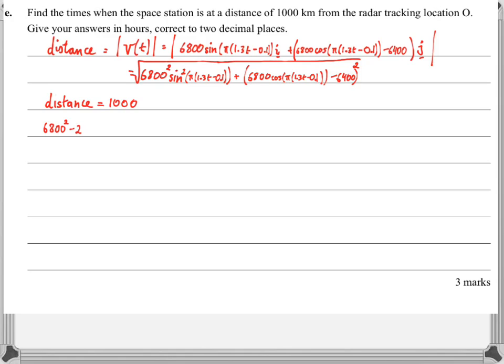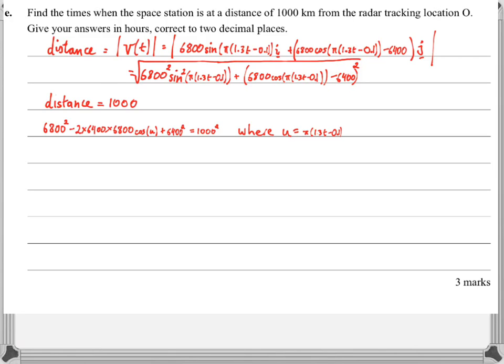And we then have to equate that, distance is equal to 1,000. When you expand the brackets and evaluate on the CAS, we're going to get something similar to this. Just write down what result you get on the CAS, or an equivalent form like I have written here.